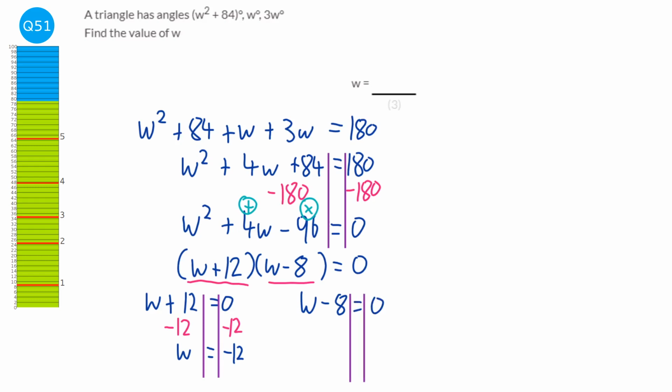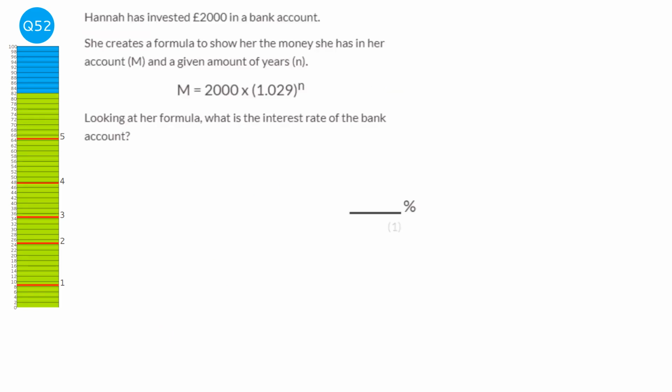Add 8 both sides. W equals 8. Now we've got two answers here, but it says value of W. Well, we can't have a negative angle, so we know we're looking for W to be positive, so the answer must be 8.